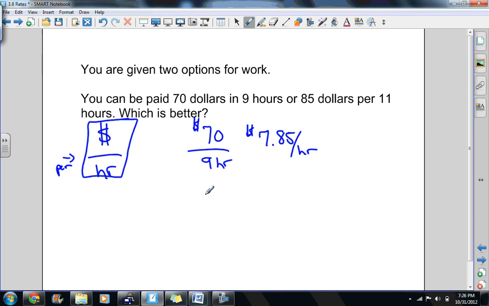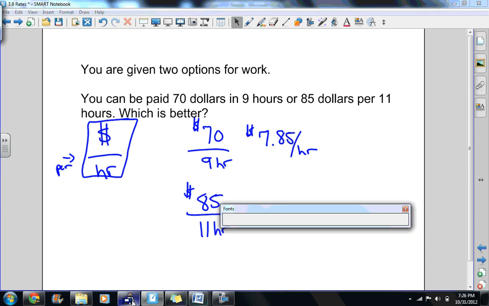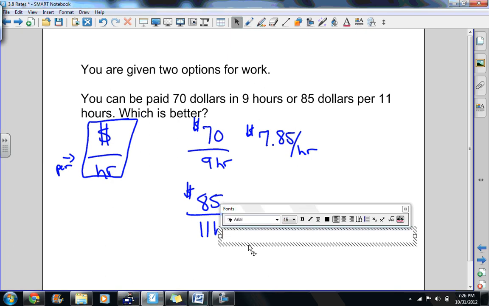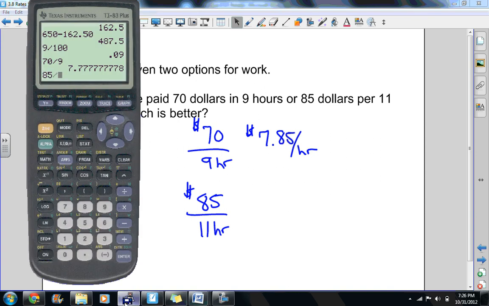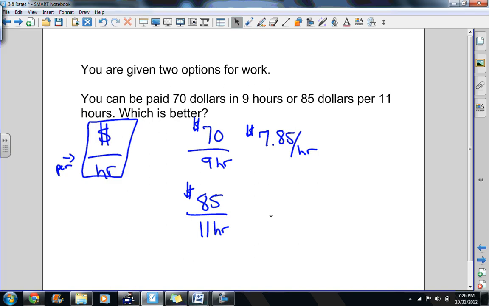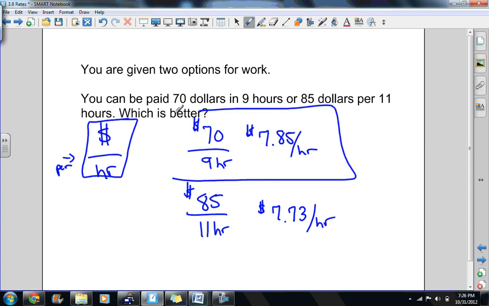On the bottom example, I get $85 on the top, and I get 11 hours on the bottom. Oh boy, that's not right. Alrighty. 85 divided by 11, and I get $7.73 per hour. Therefore, option 1 is better.